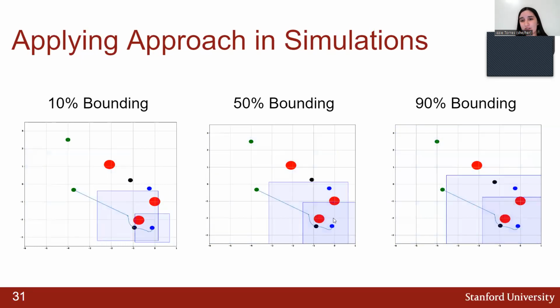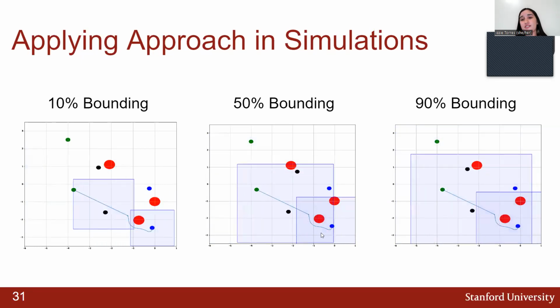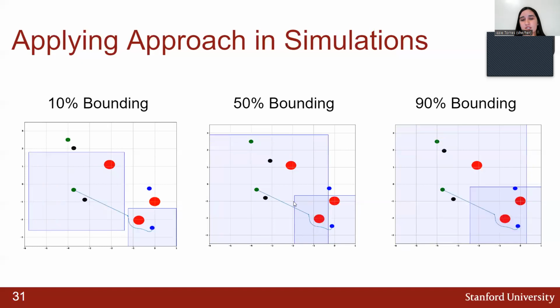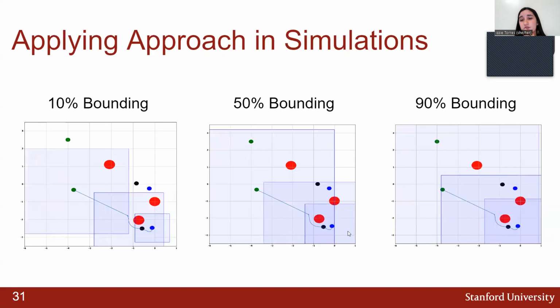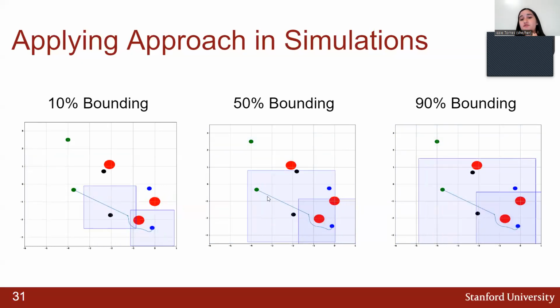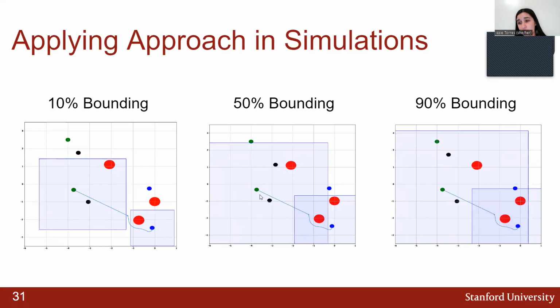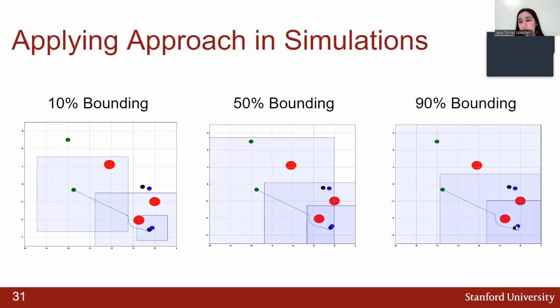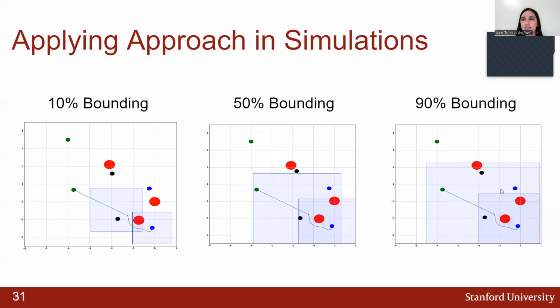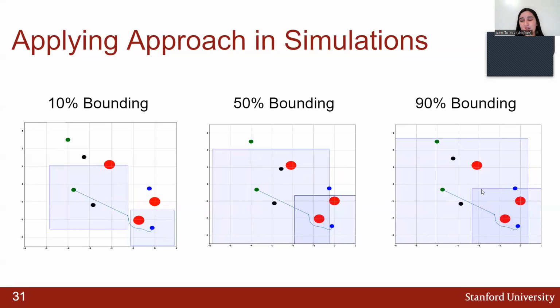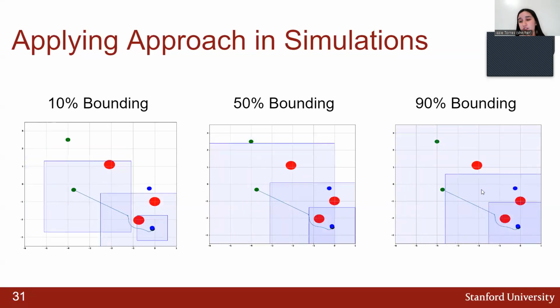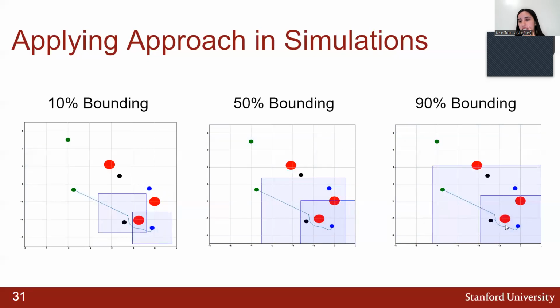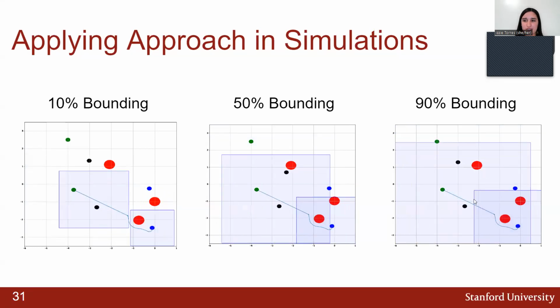For 50% bounding, now you can see that the FRS is growing much larger. And so this is covering a much larger portion of the screen, but it's still following the trajectory we actually expect. And for 90% bounding, it is covering an even much larger portion of the screen, but it's still following that trajectory.